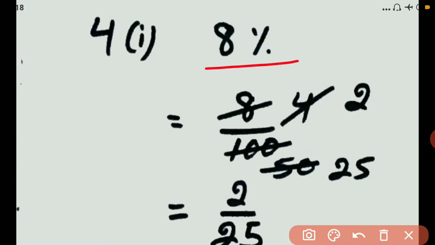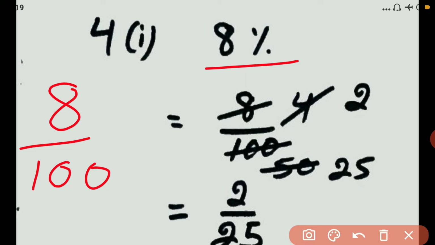So what I have done is I have divided this 8 by 100, because when we were converting fraction into percentage, then we were multiplying the fraction by 100. But right now we are converting percentage into fraction, hence we are dividing the number by 100.